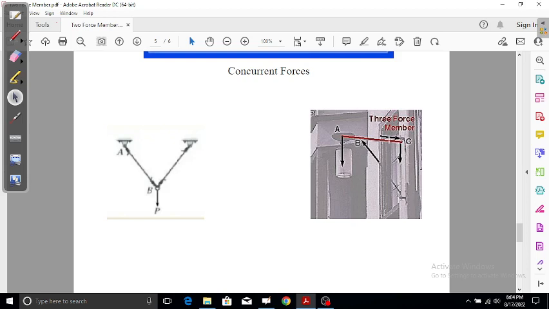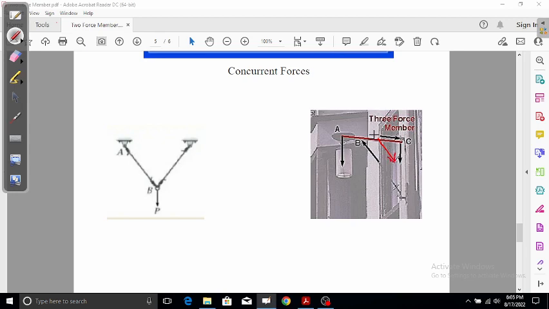We can easily say that there will be some sort of force like here. This is the resultant, and this will be our resultant.